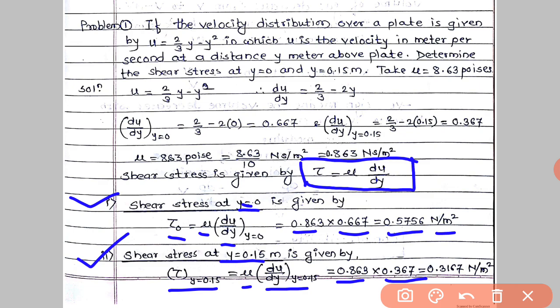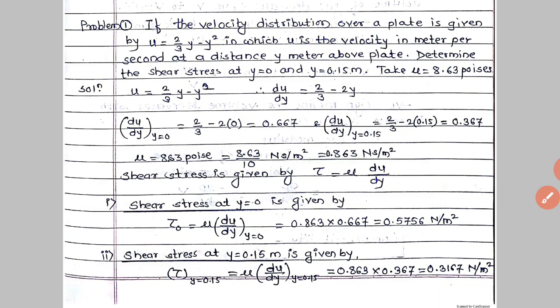Here 0.863 into 0.367, the value of tau at 0.15 comes as 0.3167 Newton per meter square. So this is a very simple problem. We can directly solve it by using the formula tau is equal to mu into du by dy.